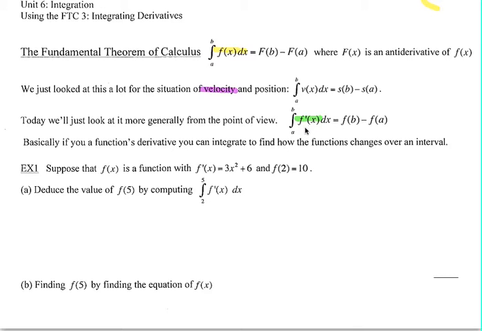If the derivative function is f prime of x, then the parent function is simply the f function. So we're looking for how far did we go if our endpoint was b and our starting point was a. It doesn't seem terribly profound at the moment. The first example will also not seem terribly profound. As we get into this, you'll hopefully see why we're bothering.